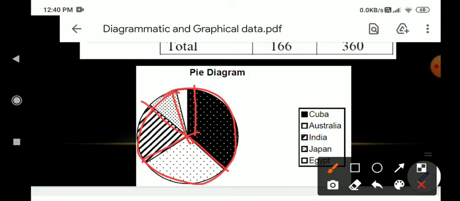Slowly you can do it for the second one. The first one you got, for the second one you have to keep the protractor this way, 0 is here, 180 is here, and then mark the next one from here. So this is how you have to draw a pie chart.